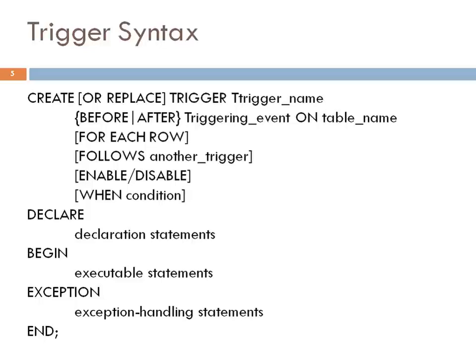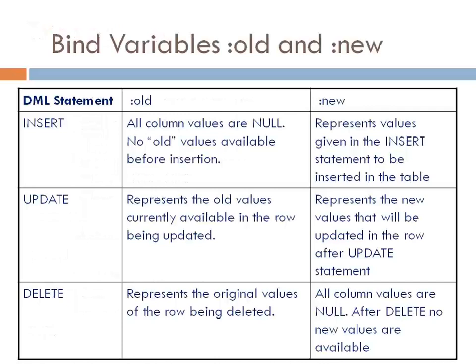If you want to explicitly execute a trigger, that cannot be done. The trigger can be executed only when that event occurs. That means you define a trigger, and when that event occurs on the related table, only then will this trigger be executed. So this is the syntax of the trigger.